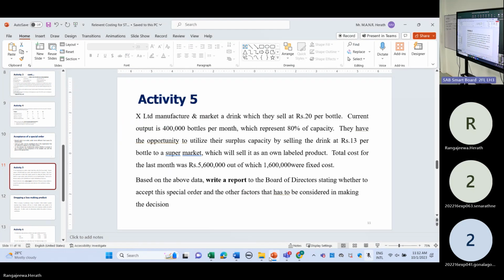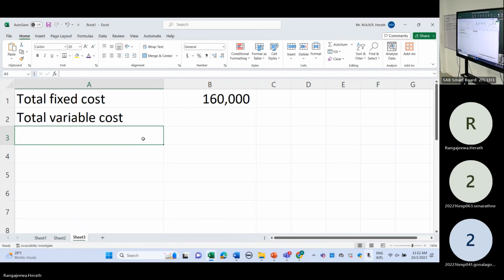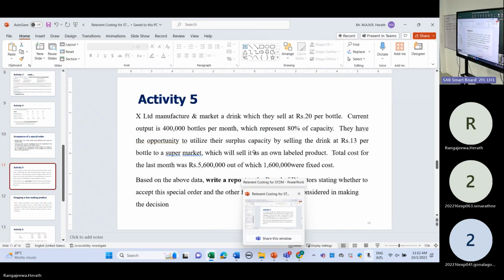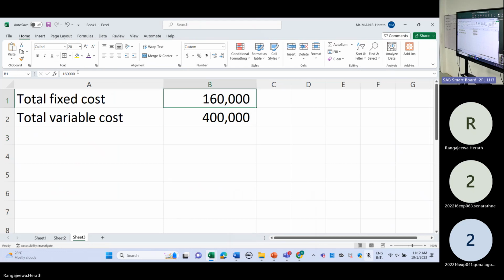Total cost 560, of which 160 fixed. So 400. Right? Sorry, 4.6 million, 1.6. 1.6 million and 4 million. Right.